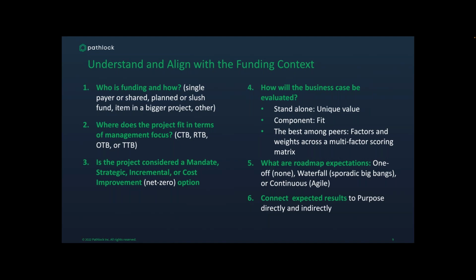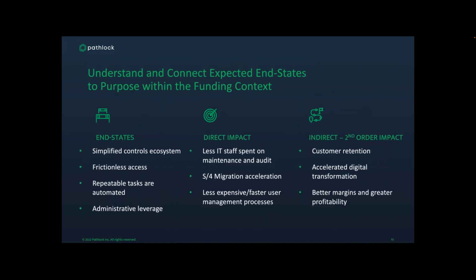And there will be direct and indirect impacts. Let me just talk a little bit about that. So you may say that at the end of the project, you'll have a simplified control system or frictionless access, or you'll have repeatable tasks that are automated or administrative leverage. And whatever the end state is that you're looking at, it will have some direct impact.